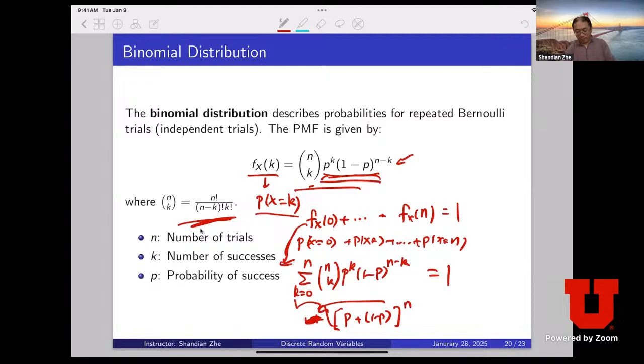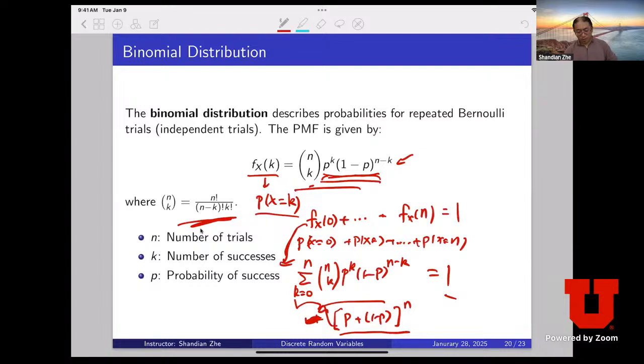And you see that p plus 1 minus p is just 1, and 1 to the power of n is just 1. Does it make sense? Everyone's happy with this?